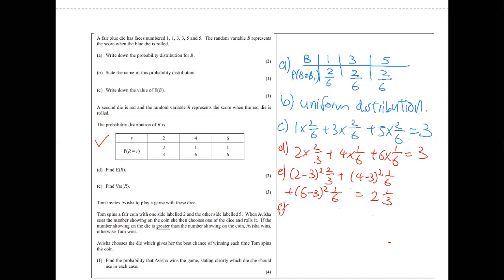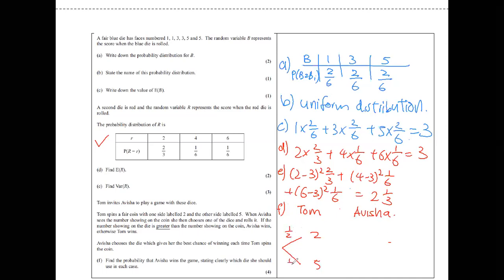Okay, so in this case, we can use a simple tree diagram to represent the scenario. So again, tree diagram, remember I said last week, you should label the two entities first. So in this case, it's Tom and Avisha. So Tom is going to do the coin, which either he gets 2 or he's going to get 5. Probability of getting 2 is half.